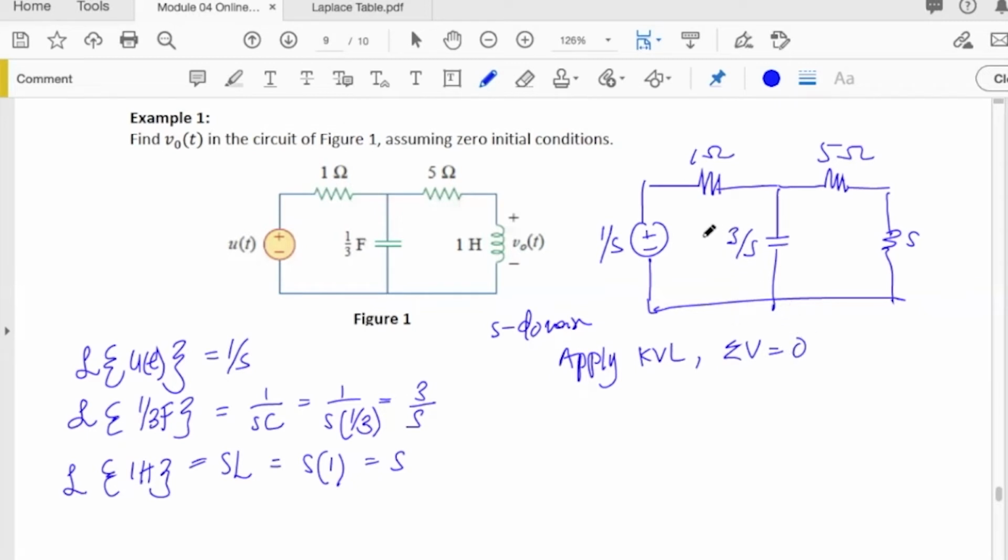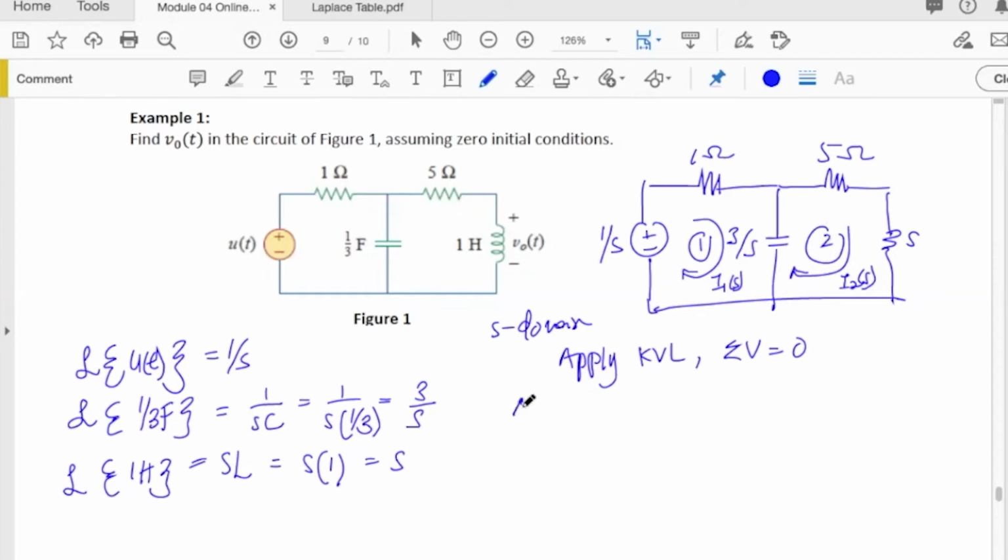We have two meshes, 1 and 2. Before we apply KVL, you need to have your reference currents. Let's call the first current I1(S), and the second reference current on mesh 2 we call I2(S). These currents are moving in clockwise directions.